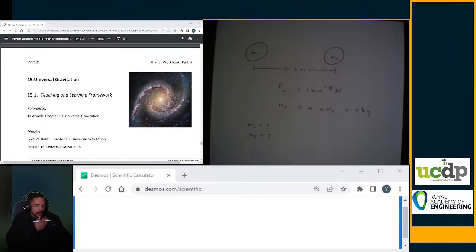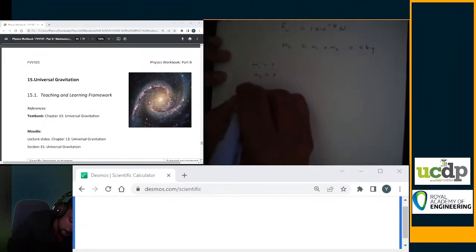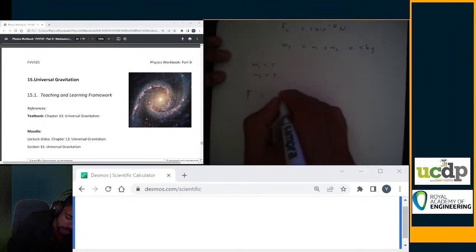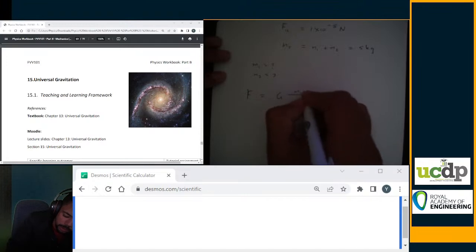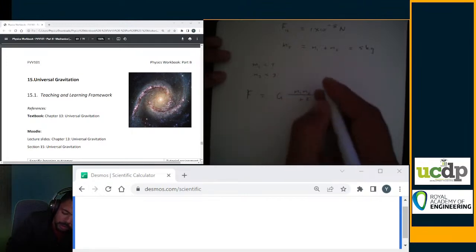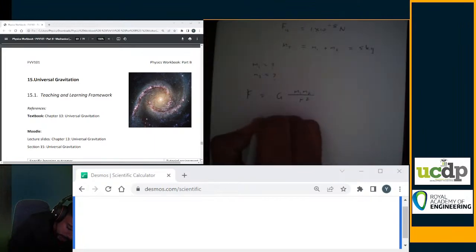So, we know that the force between them is calculated as follows. F is equal to the gravitational constant multiplied by M1 multiplied by M2 divided by R squared between them. Now the force is given to us to be 1 times 10 to the negative 8 newtons.